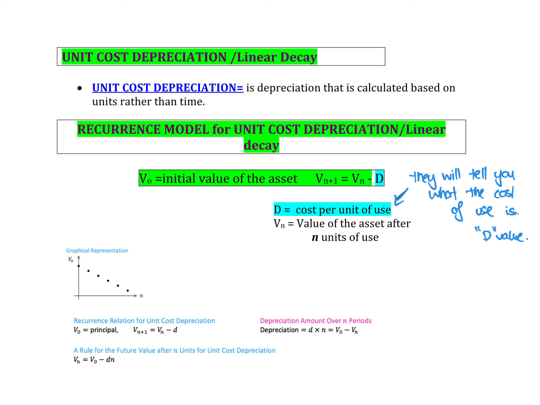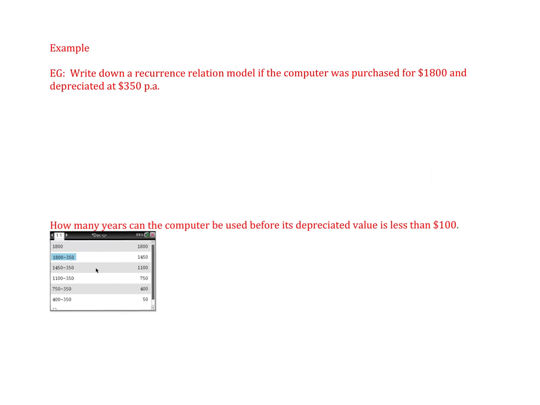So let's go and look at the recurrence relation for it. Let's do an example so we can see what I'm talking about. It says, write down a recurrence model. When you see that, you're going to have a V0 and a Vn+1.